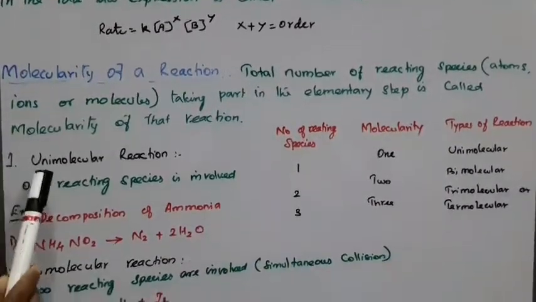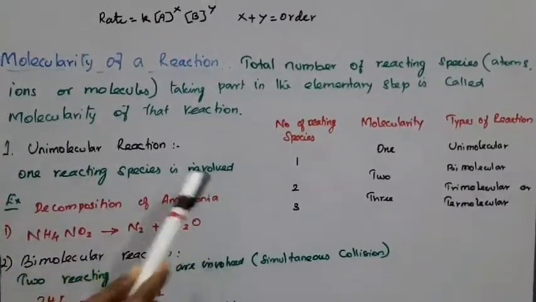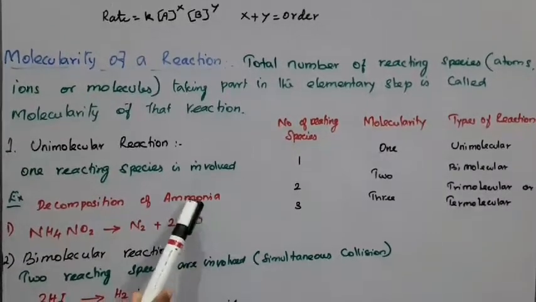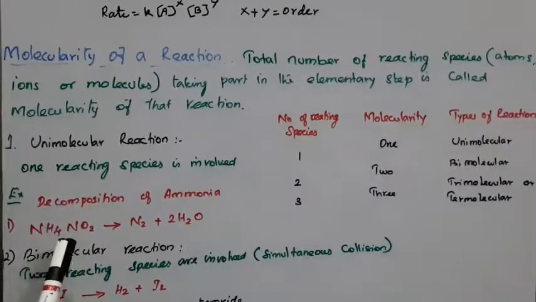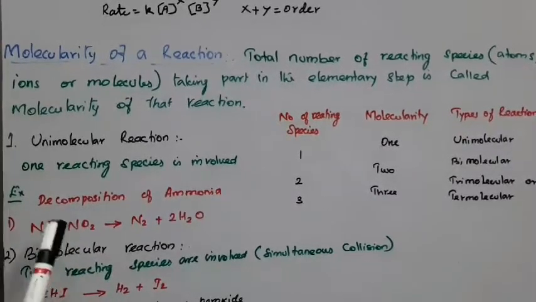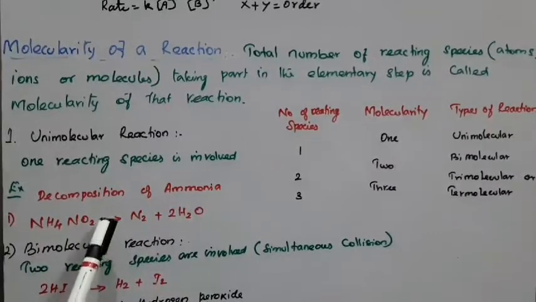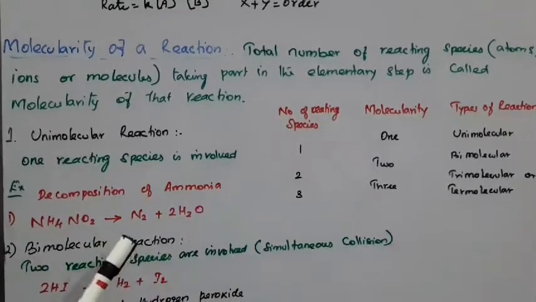In a unimolecular reaction, one reacting species is involved. For example, decomposition of ammonium nitrate, a single compound. This species undergoes a decomposition reaction. Students, you very well know what decomposition means: splitting into two or three.